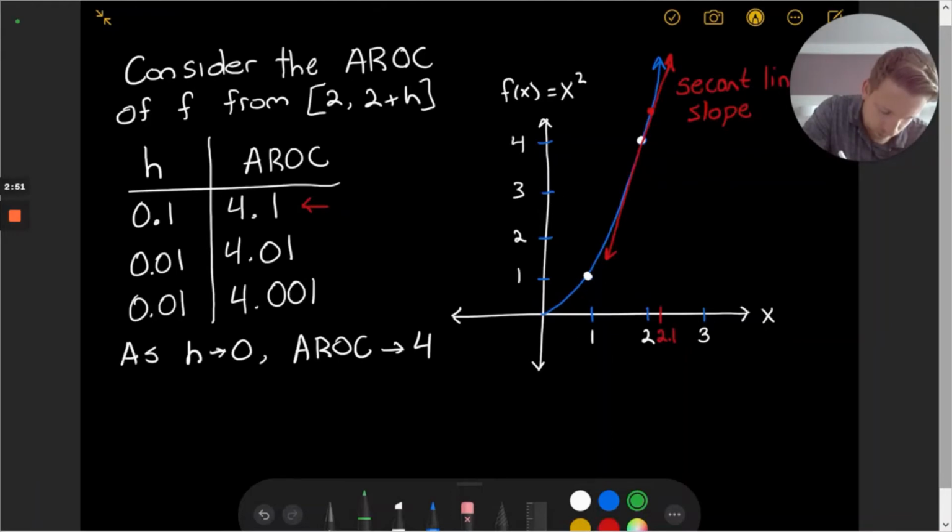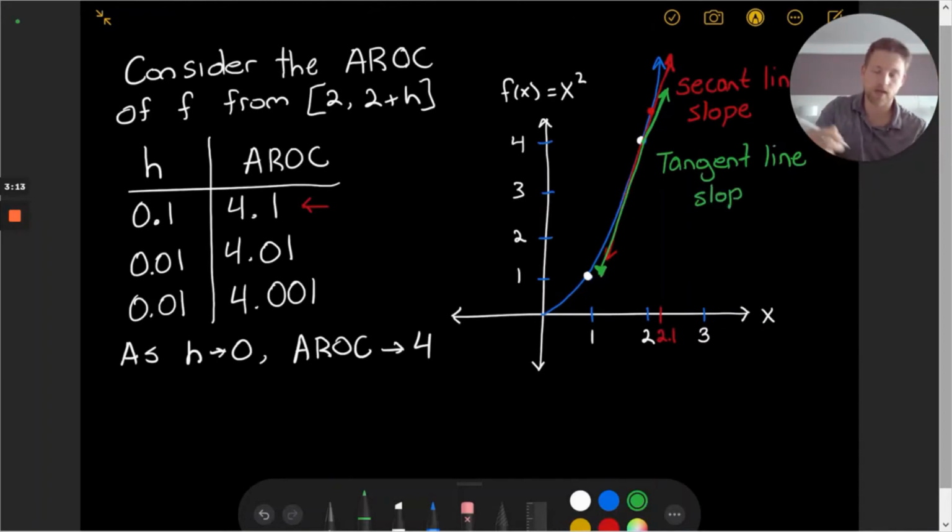If we had a line that went through only a single point of our function, we'll call that this green line. This would be called the tangent line slope, or the tangent line, and it would have slope here. Well, take a look, it seems like maybe 4.